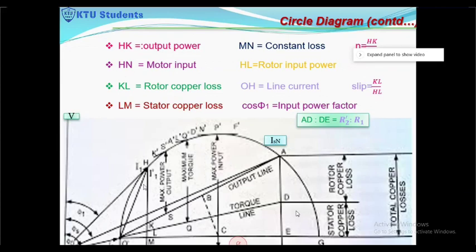If you take from H and L, the H and L represents the rotor input power. The rotor input power means the torque, since power is equal to T into omega. So this will be the torque line corresponding to the machine. That divides the rotor copper loss and the stator copper loss into two parts.